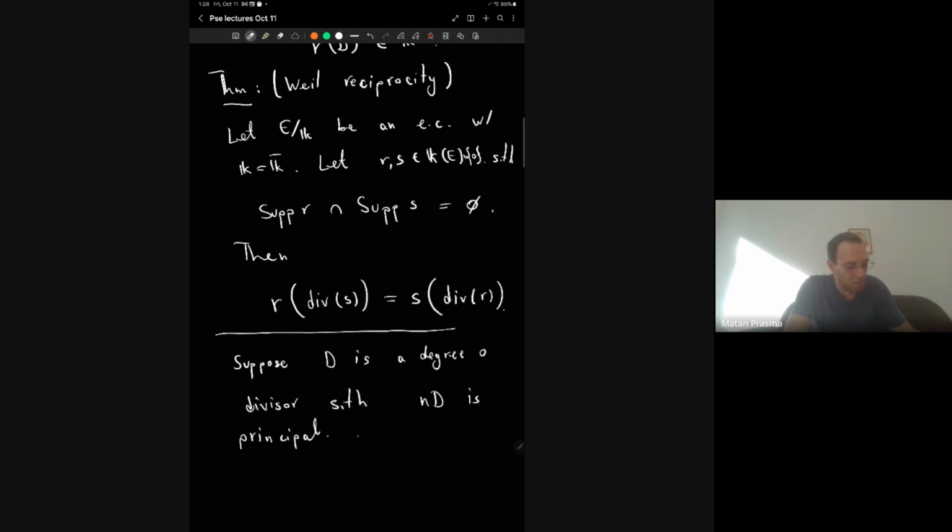So, for example, you can take an n-torsion point P and D to be P minus O. The divisor D is not principal because, can anybody say why D is not a principal divisor?